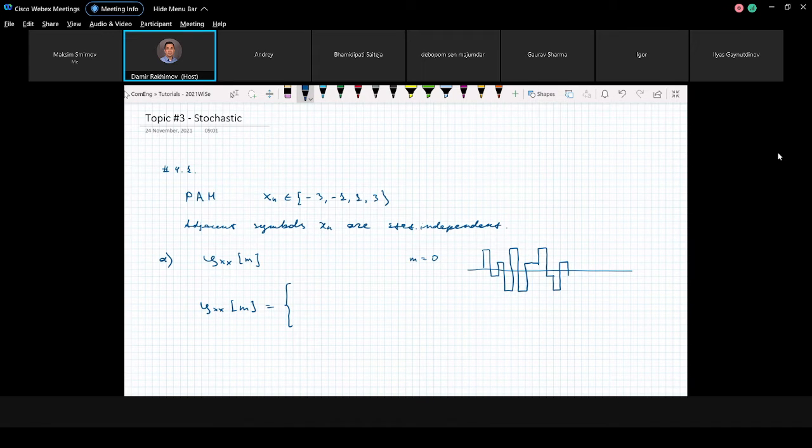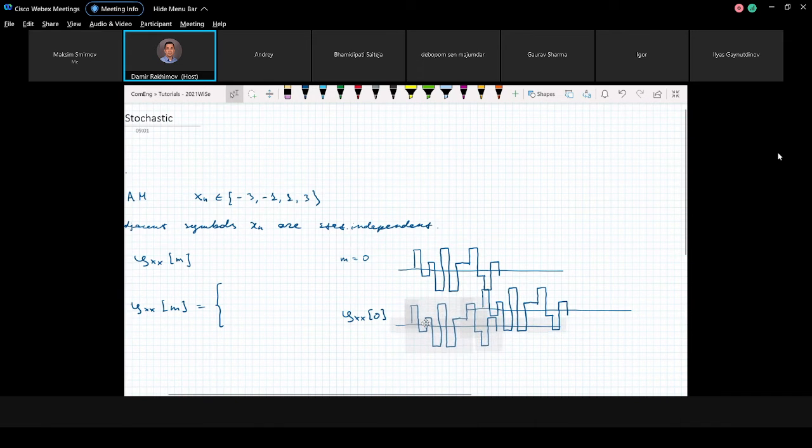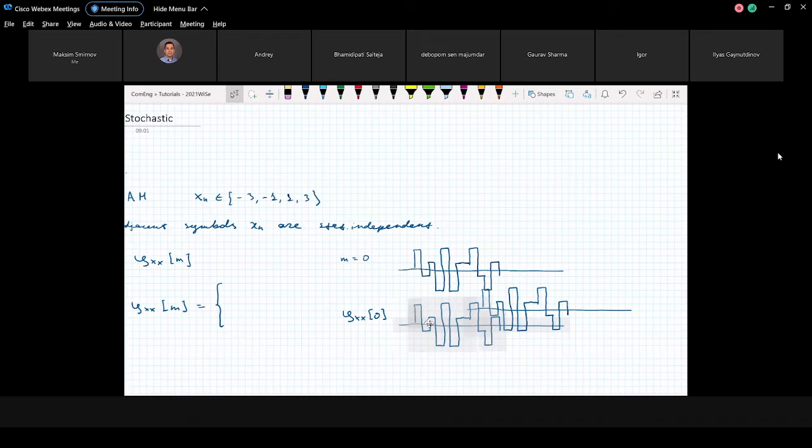Then you calculate the autocorrelation for the shift between this sequence and the same sequence shifted by 0 symbols. But what actually happens? Let me copy this picture, put it below, and maybe change color.